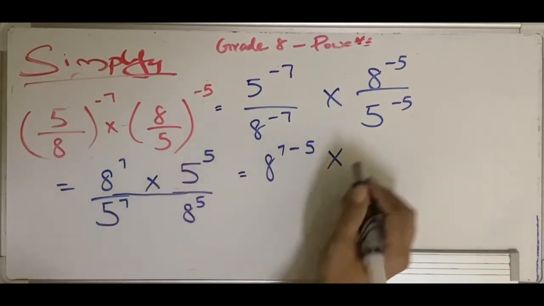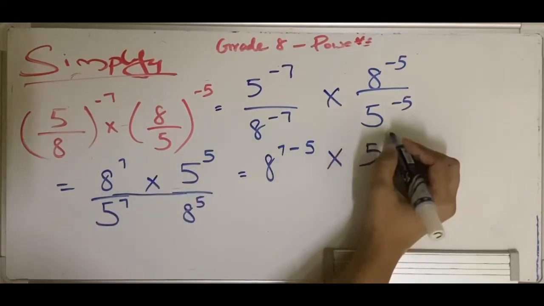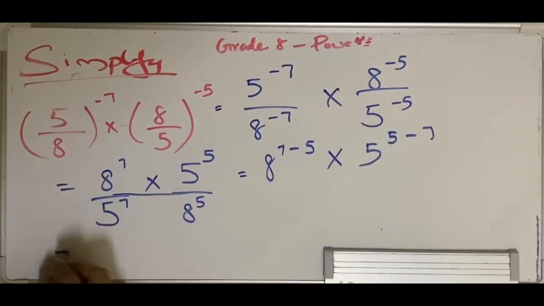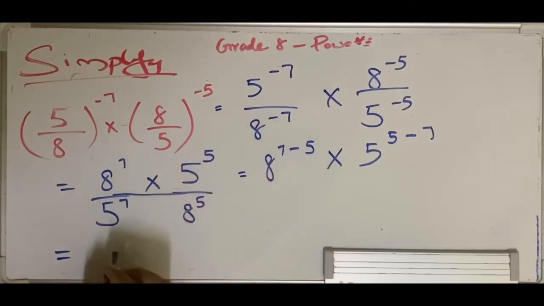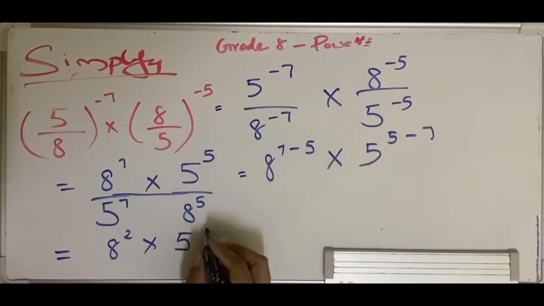Similarly, if you take 5, it is now 5 raised to 5 divide by 5 raised to 7, which will be 5 raised to 5 minus 7. Now 8 raised to 7 minus 5 would give us 8 square. Multiply 5 raised to 5 minus 7 would give us 5 raised to minus 2.